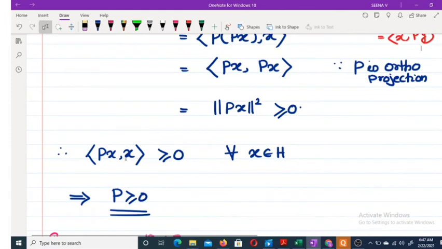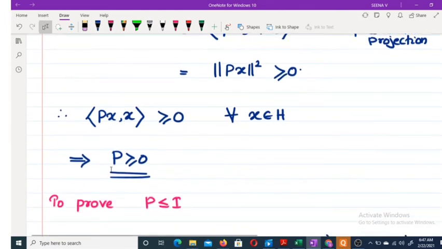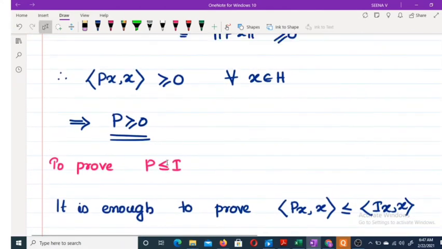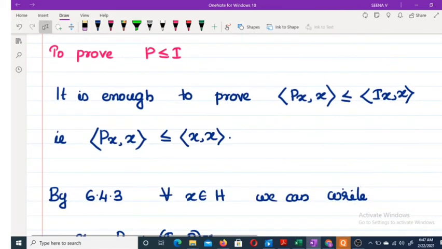Therefore, ⟨Px, x⟩ is greater than or equal to 0 for every x belongs to H. This implies P ≥ 0. Now, to prove P ≤ I, it is enough to prove ⟨Px, x⟩ ≤ ⟨Ix, x⟩. So to prove P ≤ I, we have to prove this one.